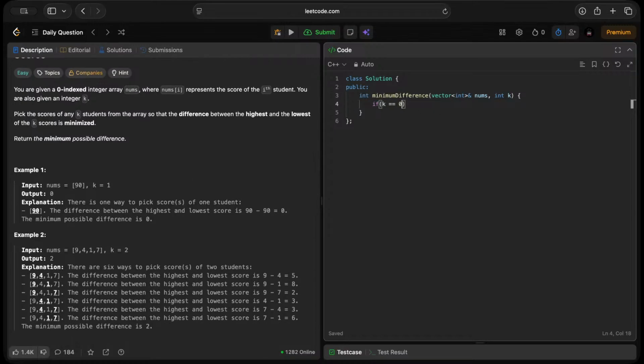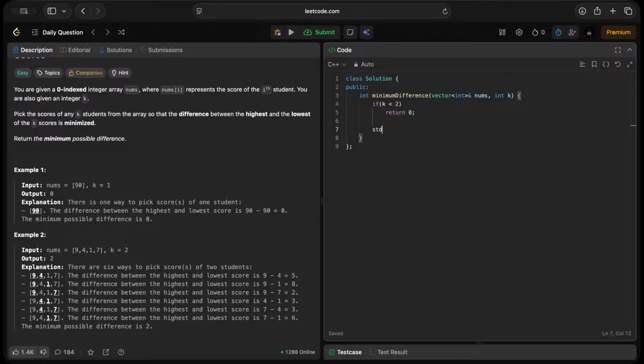So if K equals 0, return 0, or if K is less than 1, or less than 2. Let's get that dumb edge case out of the way.